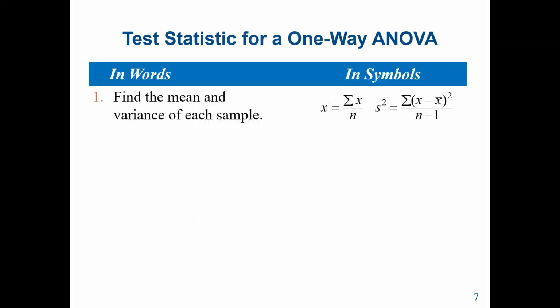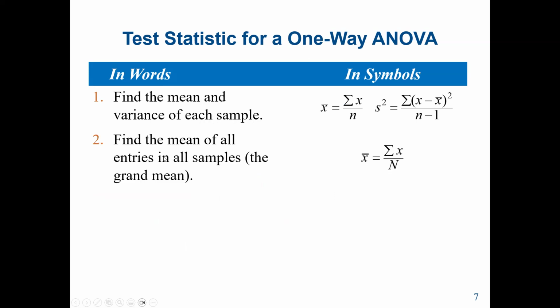So let's follow the steps here, test statistic for one-way ANOVA. The first step, we are going to find the mean and variance of each sample. So we have the same formula as in descriptive statistics to find the mean and the variance of a sample. Then we find the mean of all the entries in all samples.